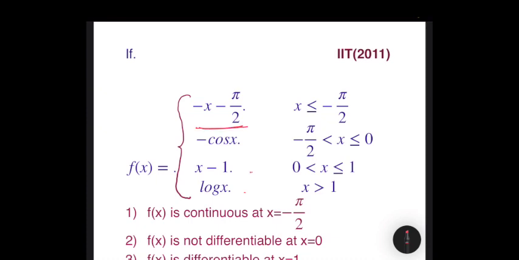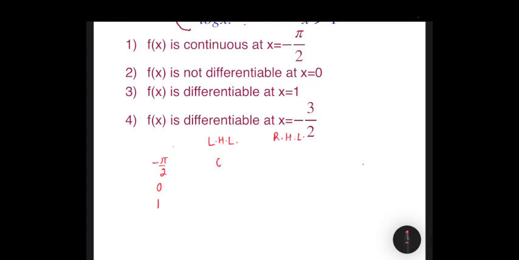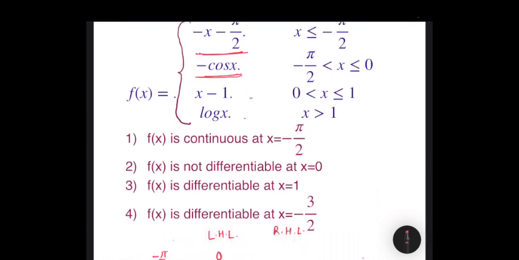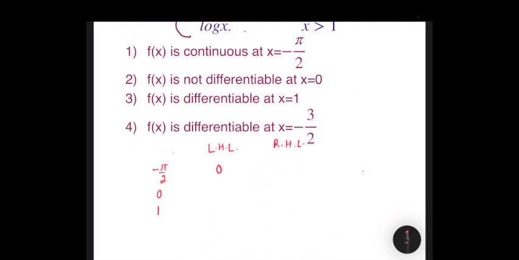When we put x tends to minus pi by 2, the value of the function becomes 0. In the case of RHL, take the function as minus cos x. Putting in minus cos x, that value is also 0 because cos pi by 2 is 0.